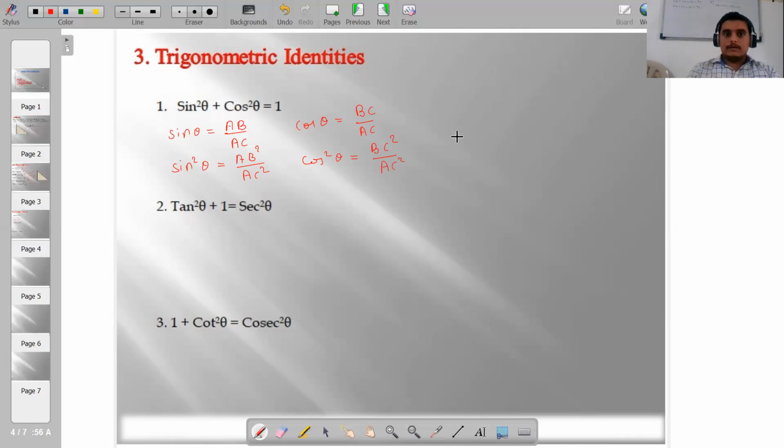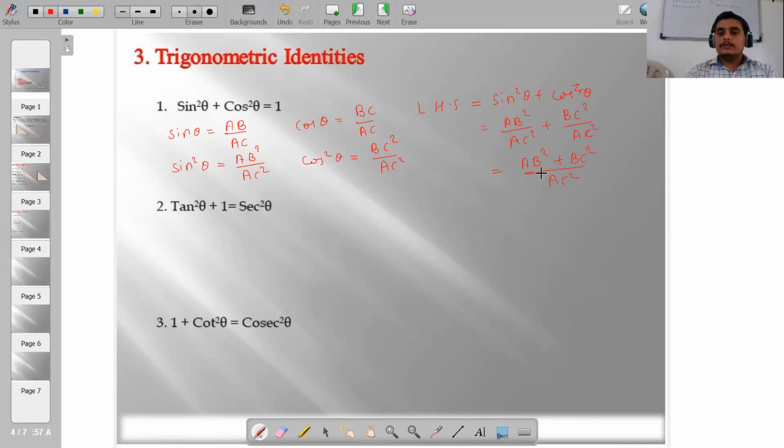Now, if we take LHS, which is sine square theta plus cos square theta, it is equal to AB square upon AC square plus BC square upon AC square. Finally, this is equal to AB square plus BC square upon AC square.